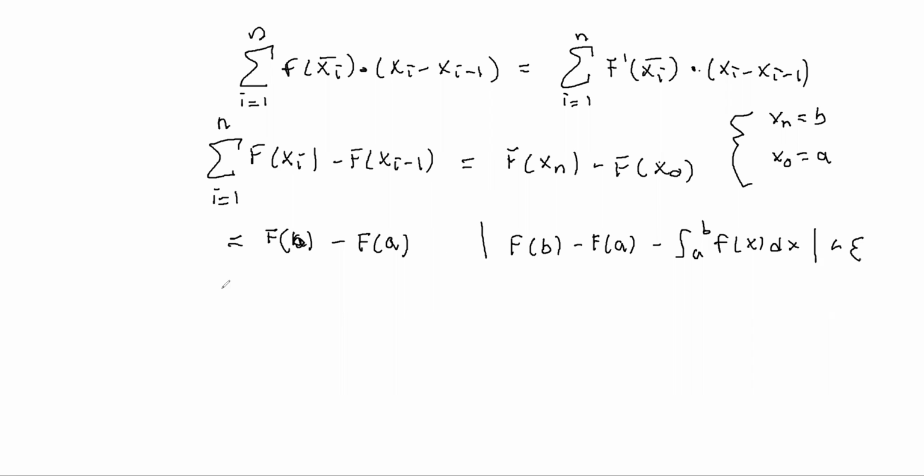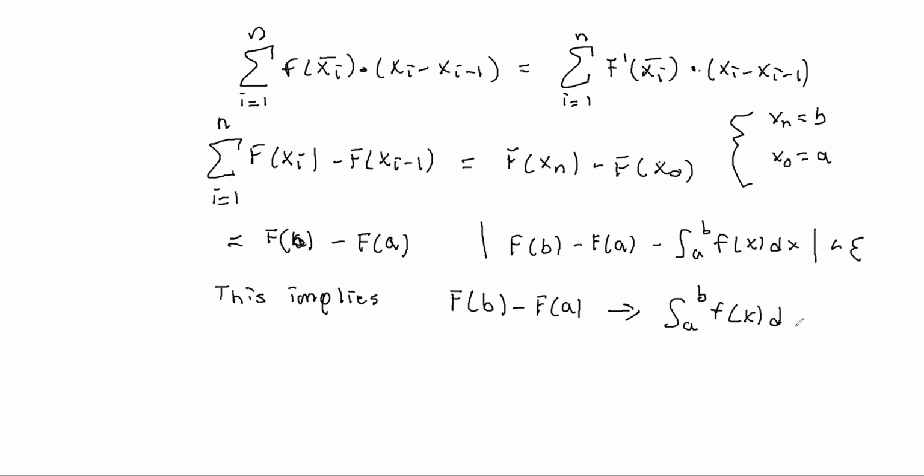So this implies F of b minus F of a approaches our integral. Therefore, capital F of b minus capital F of a equals the integral from a to b of f of x dx. So, done.